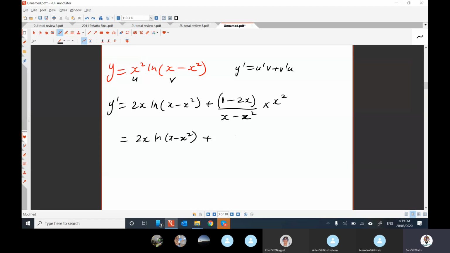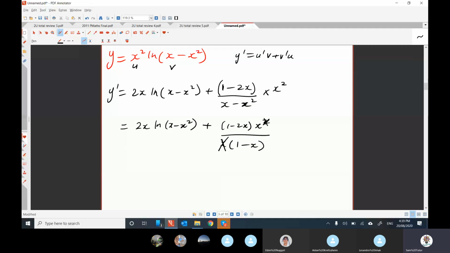The fact that the top is technically already factorized, can you see if I factorize the bottom, I can actually cancel this x with that x? But if I had expanded, it might have been a little bit harder for me to see the common x's. That is the final answer we want. You can now expand it or you can leave it in factored form. It doesn't matter. Do you see what I did there? Factorize the denominator. Why? Because the numerator, I can actually cancel out one of the x's.